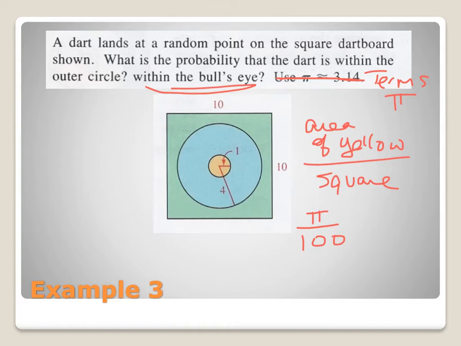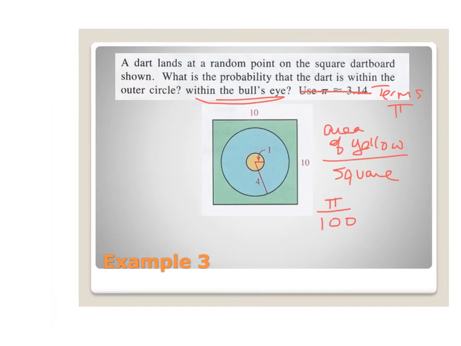Now, for the outer circle, what I need to do here is find the area of the blue circle. I don't want it landing in the bullseye, so I'm going to find the area of the entire blue circle and then subtract out the bullseye circle. For this part of the question, let me do this one in blue.